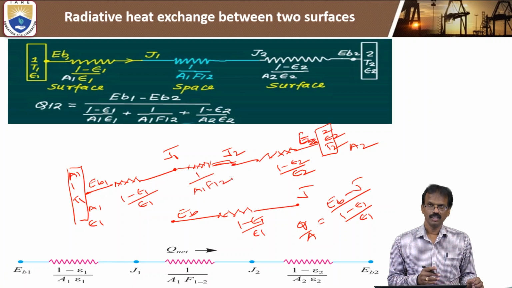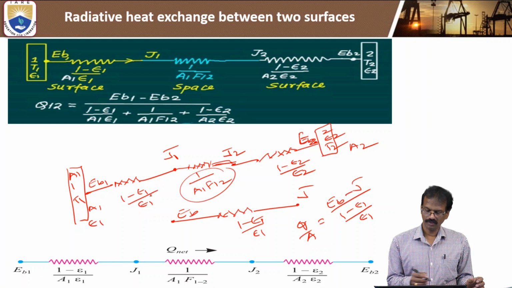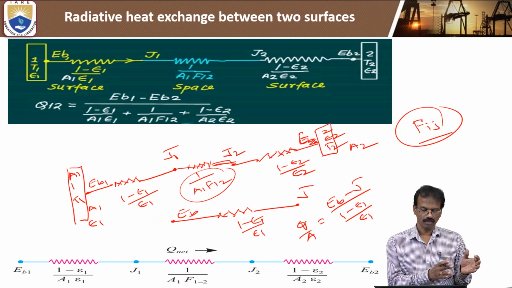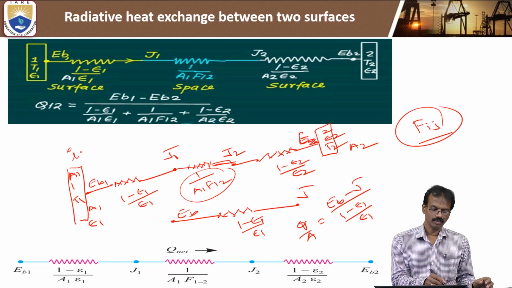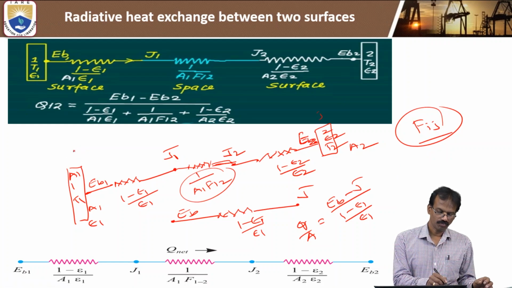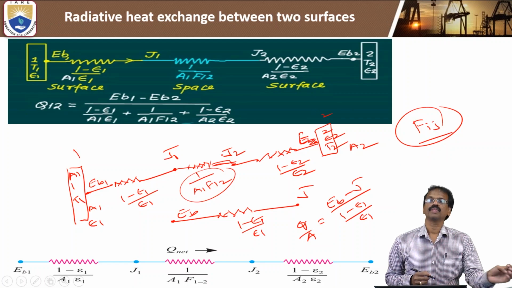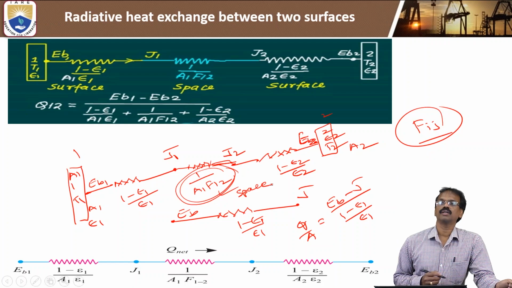It means heat transfer takes place from plate 1 to plate 2, so we are considering F i to j. We are taking this view factor from surface i to surface j, so heat transfer takes place from surface 1 to surface 2. So we are considering view factor F12 and the area of the first plate. This is the space resistance.